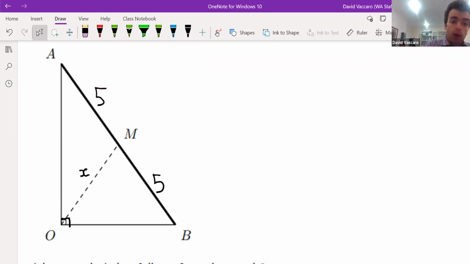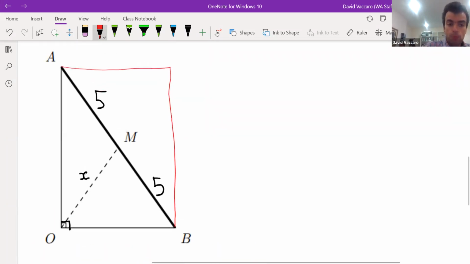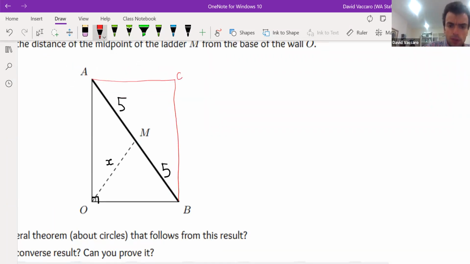So my approach of doing congruent triangles would be I'm going to draw 2 extra lines. Okay, so I'm going to draw an extra point C to complete a rectangle, and I'm going to draw the line OC.